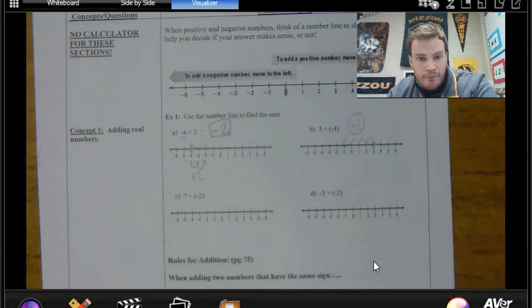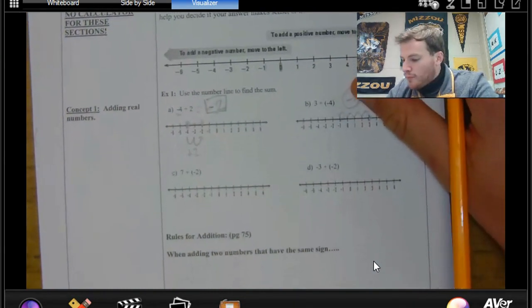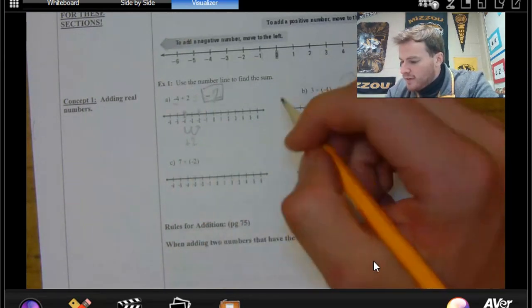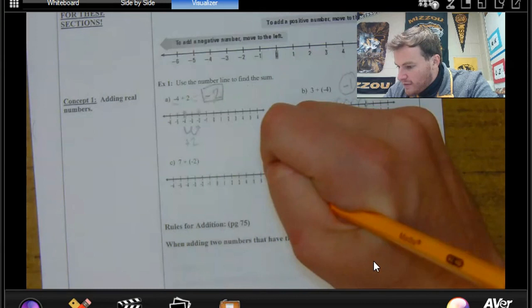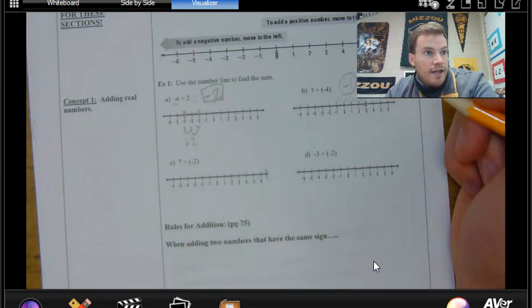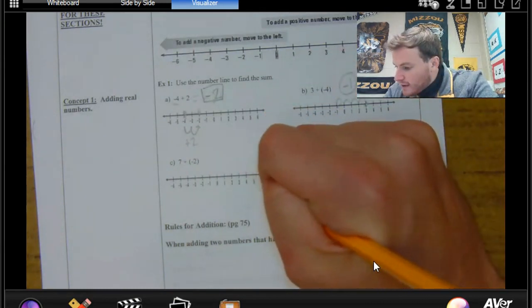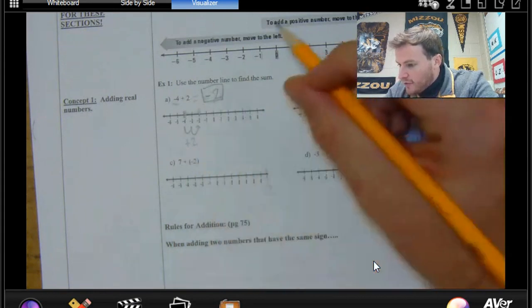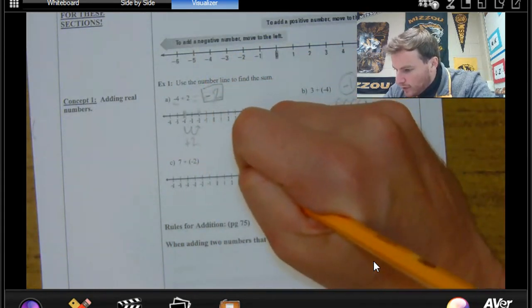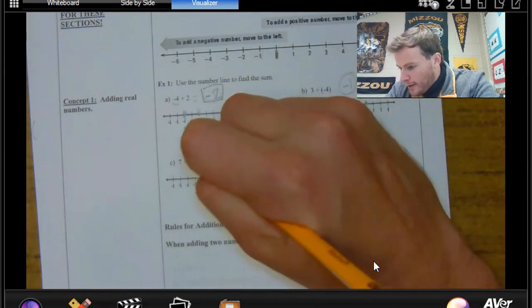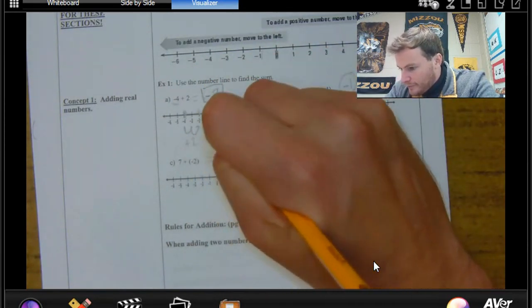Makes sense? Next question: we start at 7, and we add -2. To add a negative number, we move to the left, 1, 2, and we end up at +5.